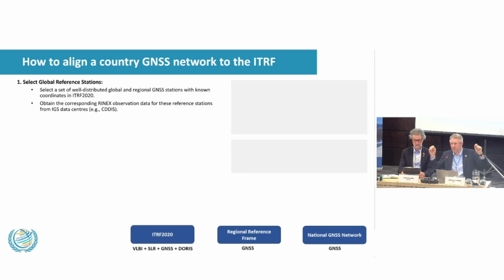They're using a subset of that international ITRF data set so that when they are computing the coordinates for the SIRGAS marks across the Americas, it's done by being referenced to the international coordinates as well. So that's how you're connecting the regional frame into the international frame.